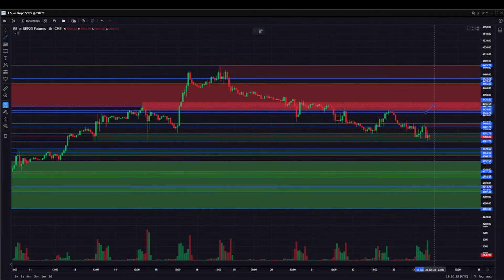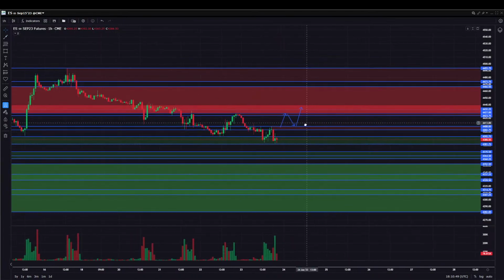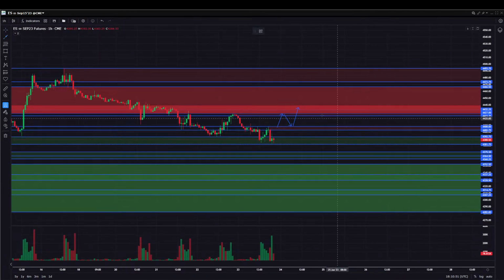So here, if we ever get back in here, before I get into that move, first we break out of here, get to our daily zone, break back out, retest, come back in, and then we would think we're in the clear after a good rejection.